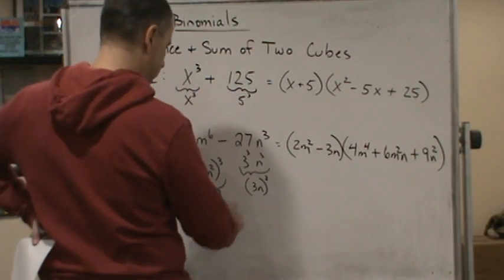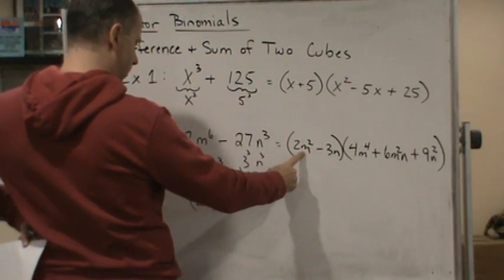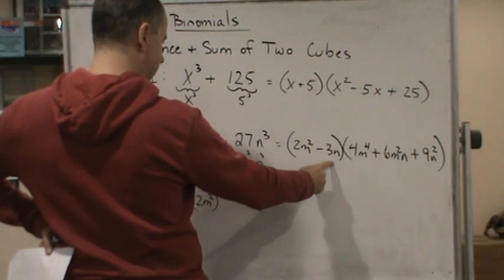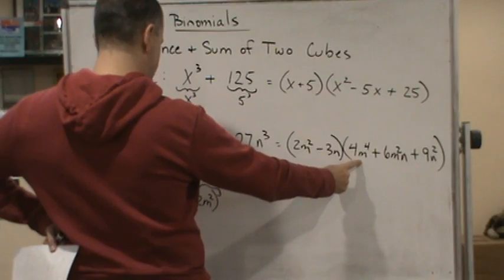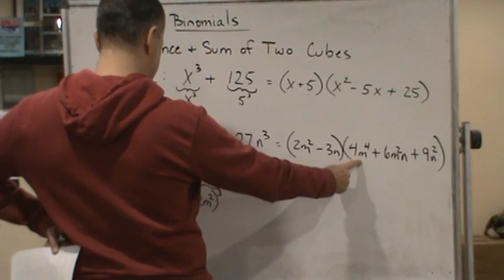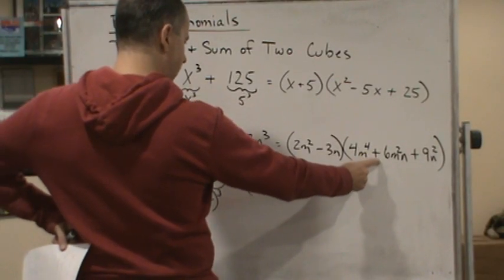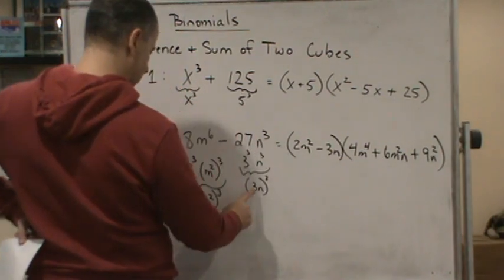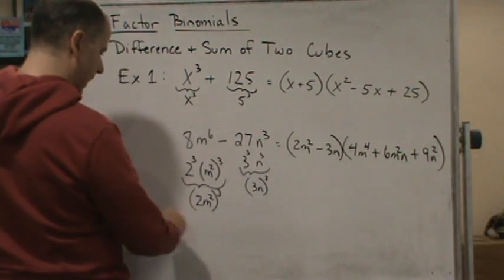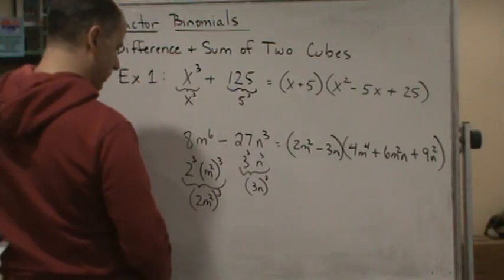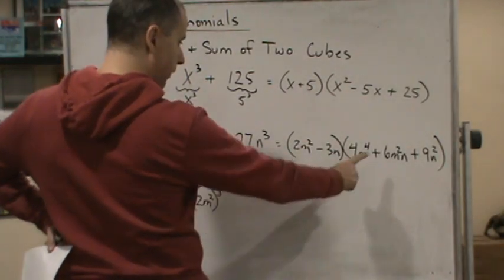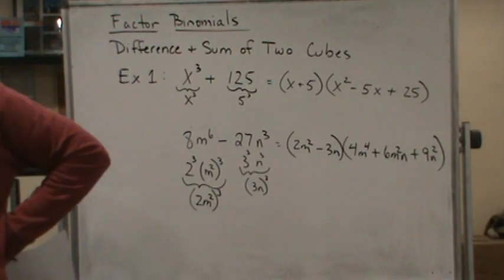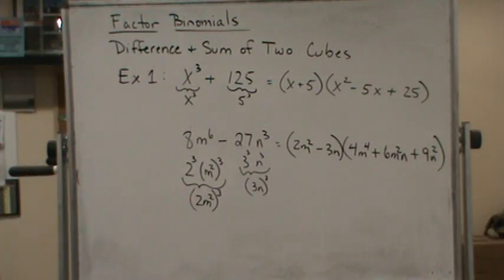And then this one is going to be 2m squared minus 3n, and then we get 2m squared quantity squared, which gives us 4m to the 4th, plus, and then we get 3n times 2m squared, which gives us 6m squared n, that's correct, and then we end up with 9n squared. So that, it's correct. All right, that's it.